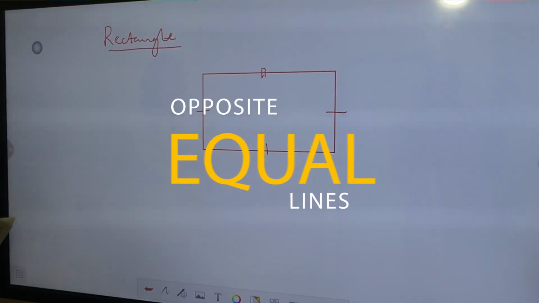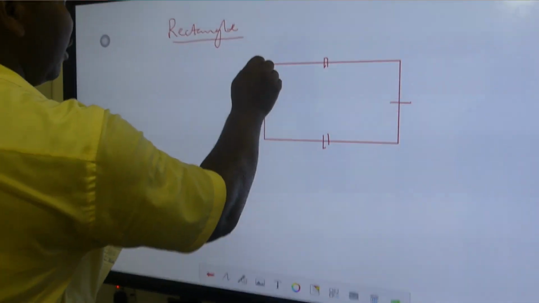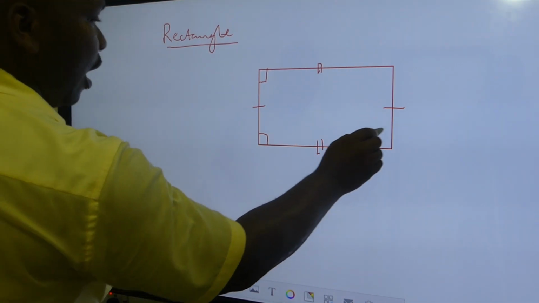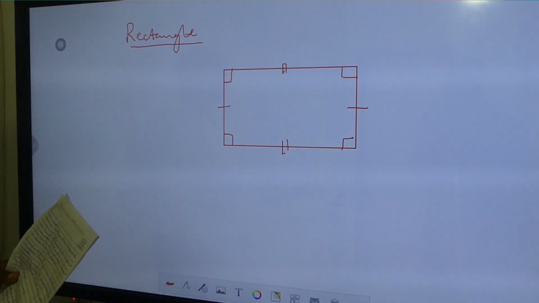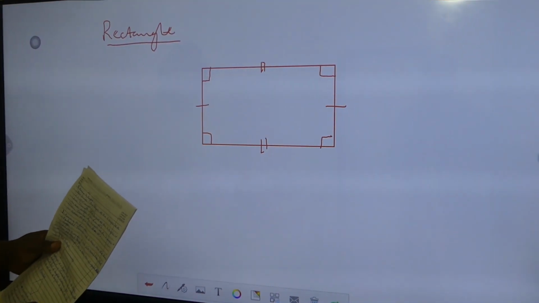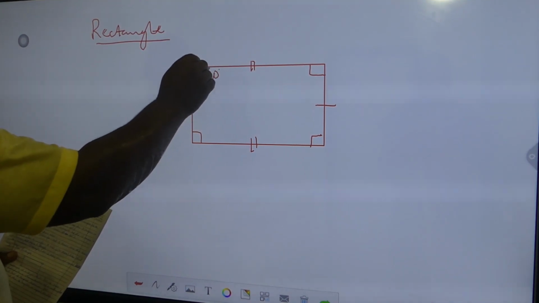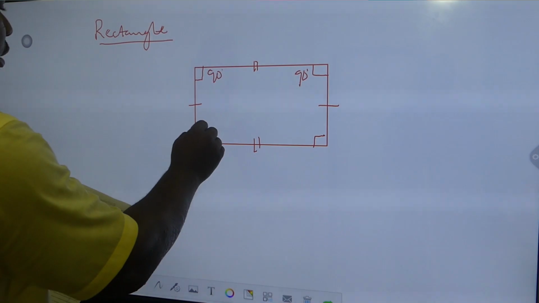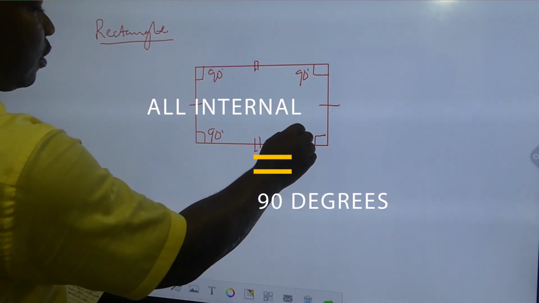Are you there? Also, it has the characteristic that the 4 interior angles are equal. That is, they are each equal to 90 degrees.